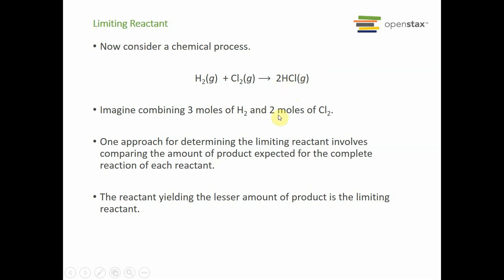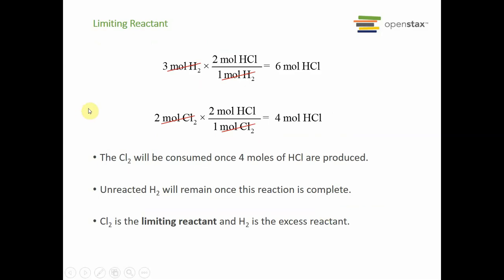So chlorine produces 4, hydrogen produces 6, therefore chlorine in this amount is the limiting reagent and hydrogen is the excess reagent. So just what I said, the hydrogen will produce 6 moles, the chlorine will produce 4 moles.